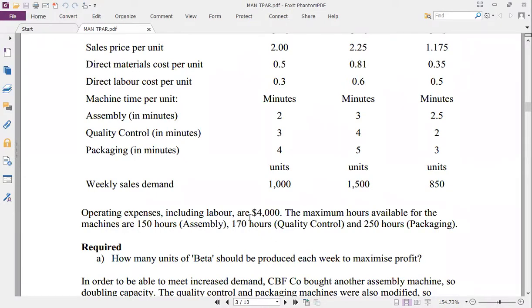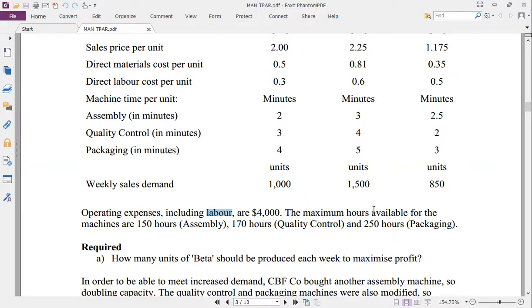Perfect. $4,000. So here the operating expenses is the same as what? Operating cost, factory cost, or fixed cost, and it must include what? Labor. So thank God the examiner has added the labor for us. In some situations, some of the complex questions won't add the labor. You have to calculate the labor and do what? Add it.